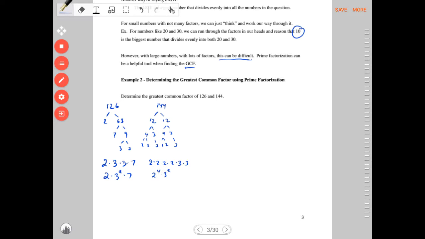Now that we have the prime factors of all of these, the GCF is simply the prime factors that are present in both lists, and not just present, but with the lowest exponent.